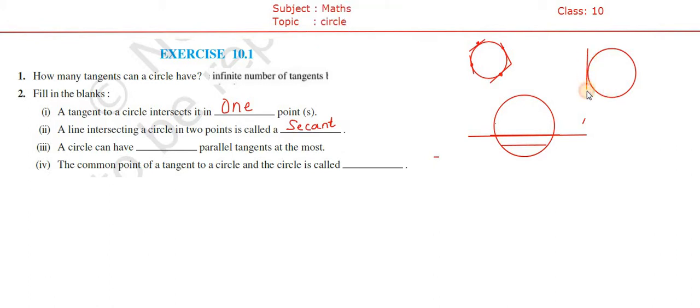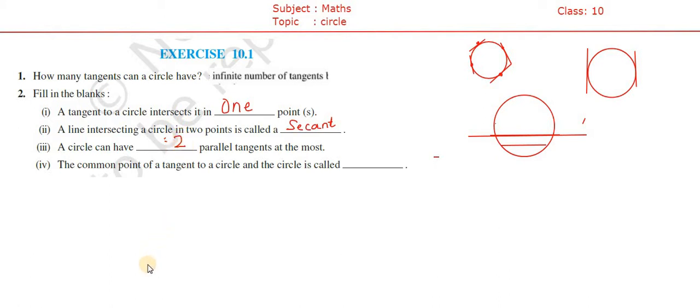Do you know what is meant by parallel lines? Here is one circle, and this is a parallel one. So how many parallel tangents can it have at most? It can have two parallel tangents at most.